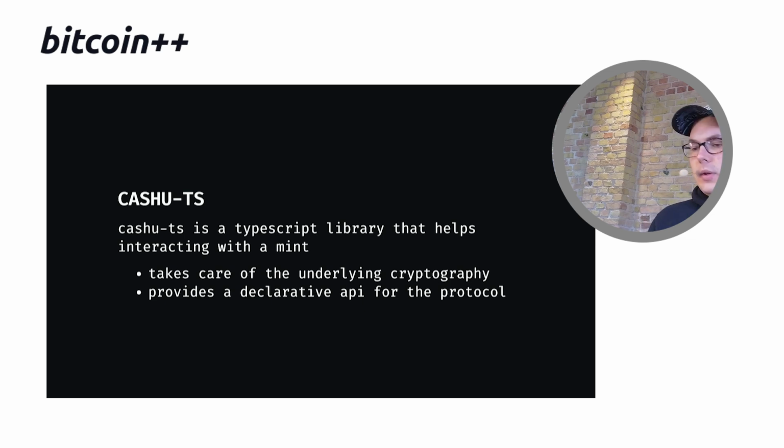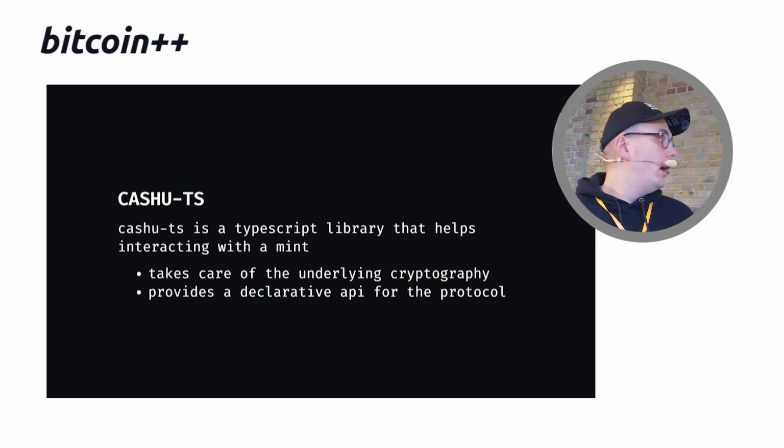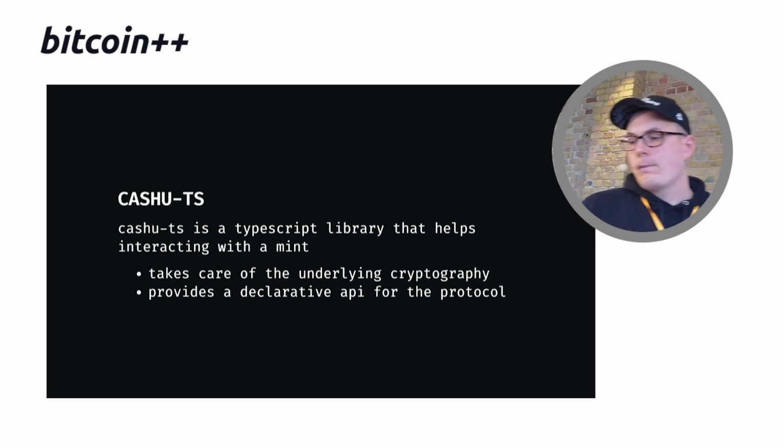They are open source, available on GitHub. So if you want to learn deeper about how the cryptography works, about how every single one of the endpoints that I've just shown you works, how the responses look like, and everything, you can just look that up in the nuts repo of the Cashu repository, and you will find specifications and test vectors for pretty much everything there.